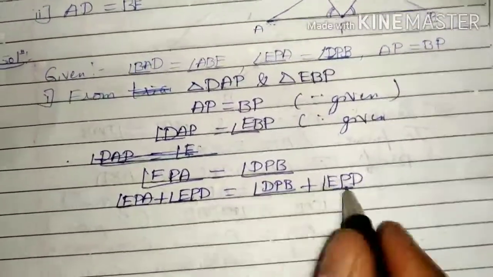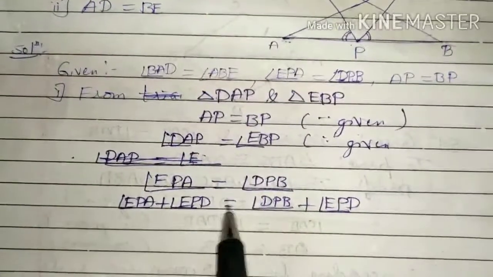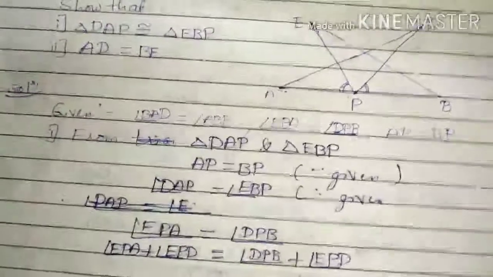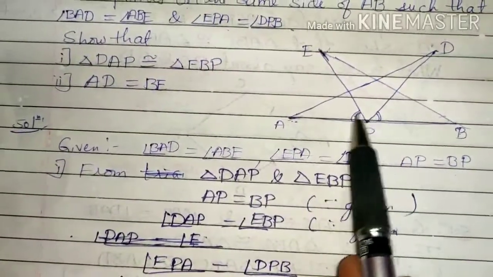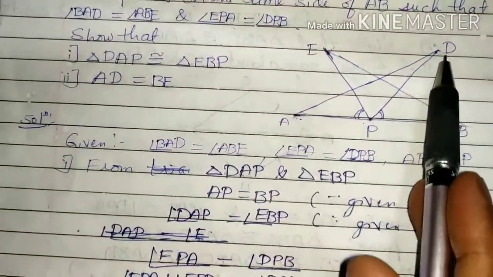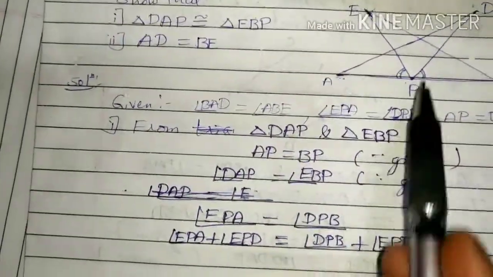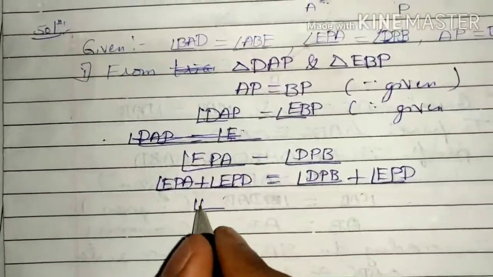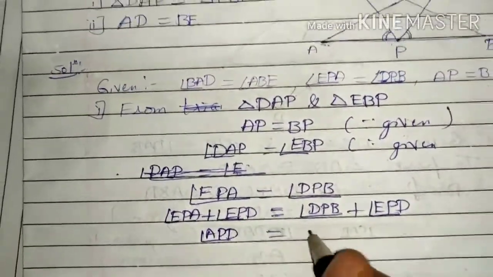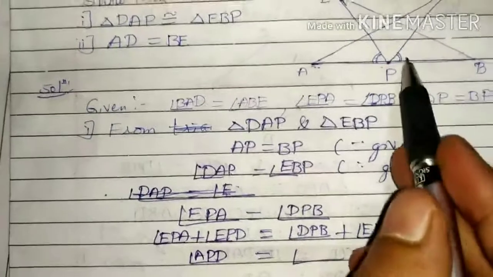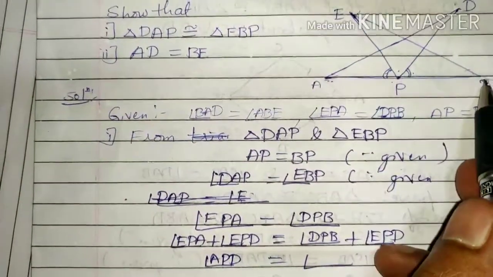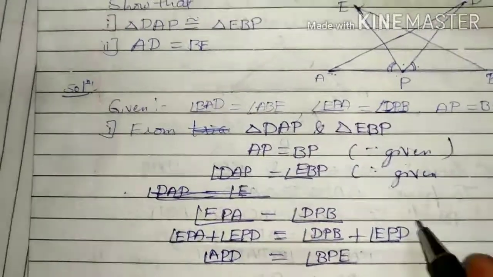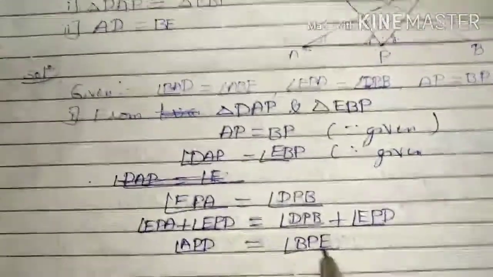Adding EPD on both sides of the equation, if you add these two angles, that is equal to angle APD. Adding these two angles on the other side, that is BPE. So those two angles will be equal.